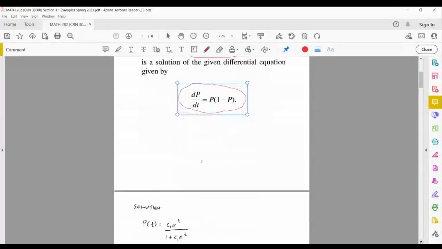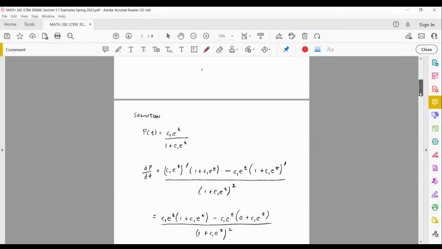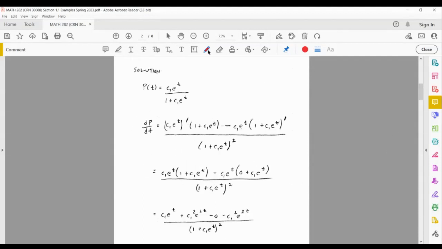So here we go. There's our function P, and we are differentiating it. Let me get that pen back.